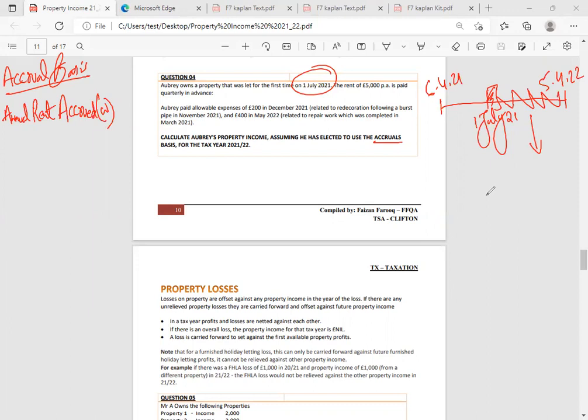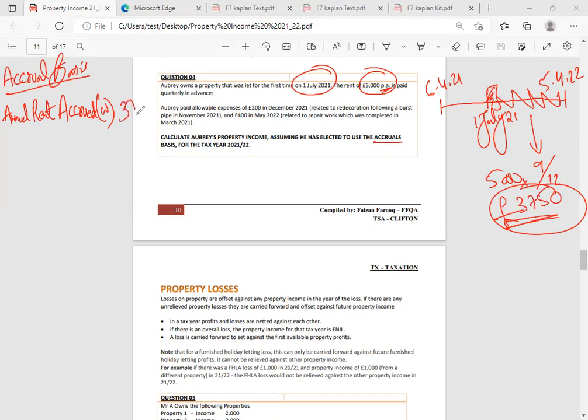Okay. Now 9 months out of 12. What is the annual rent? Per annum means annual, right? So what is the answer? 3,750. This is the accrual basis.